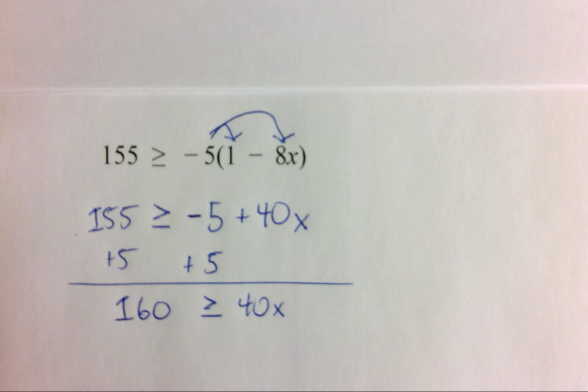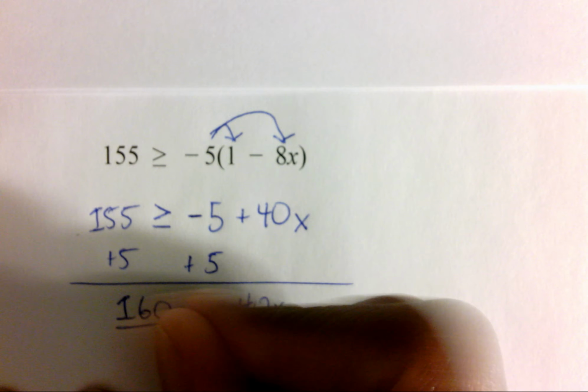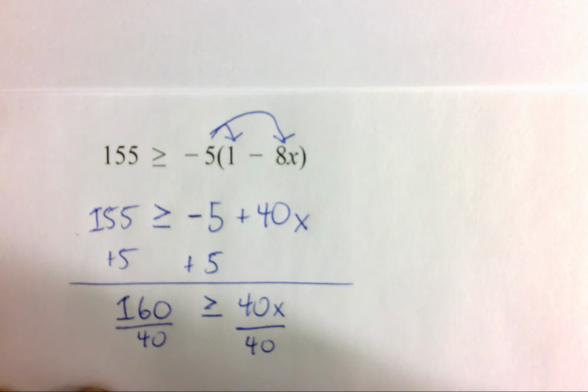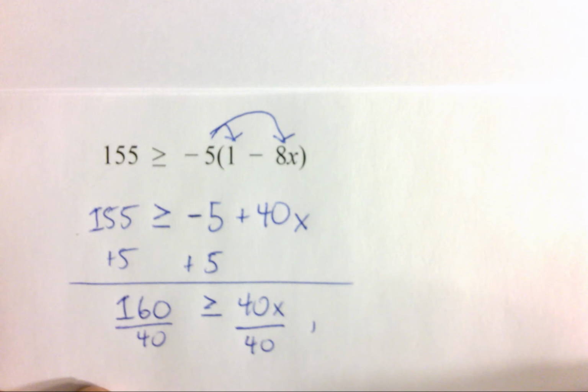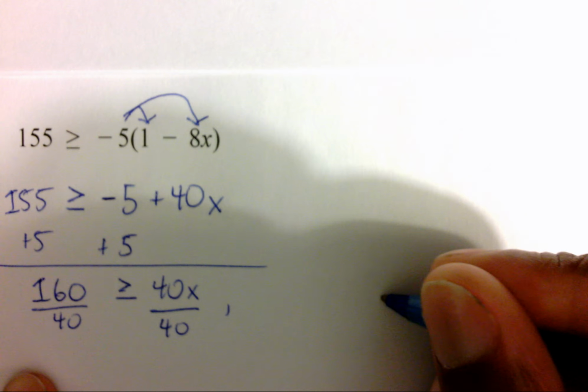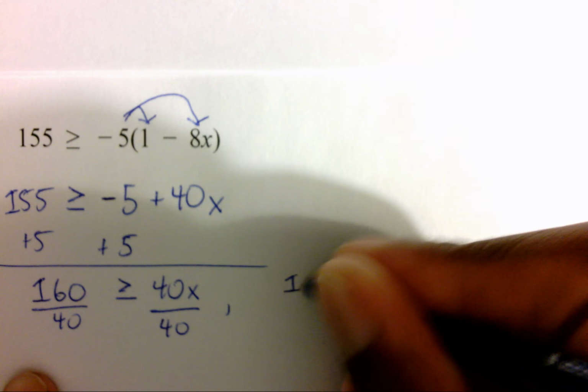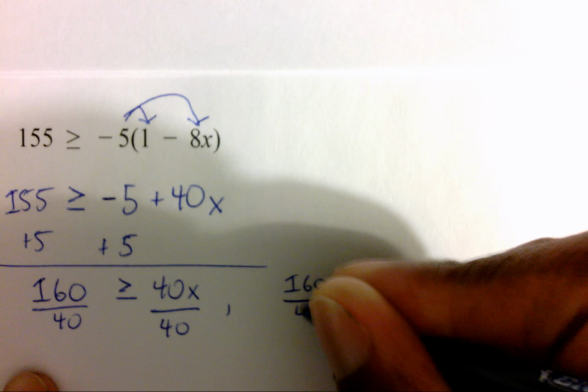Now my last step is I'm going to divide both sides by 40. Okay, divide by 40 and divide by 40. And what I'm left with is x on my right, and that's less than or equal to 160 divided by 40.